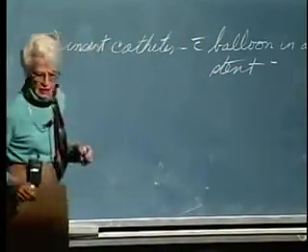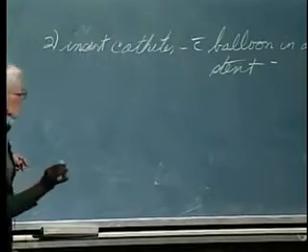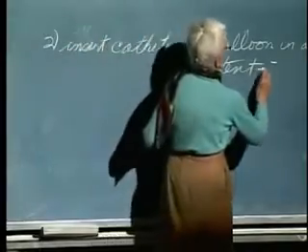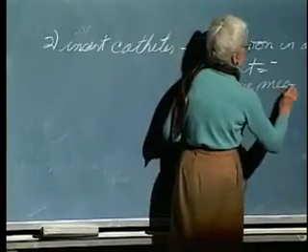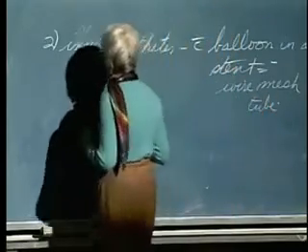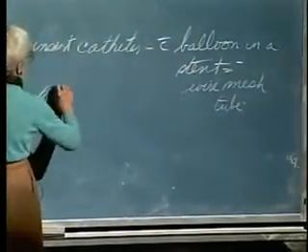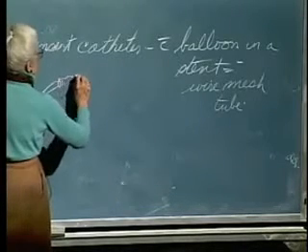In this case, the stent is a wire mesh tube. So here we are with our catheter, and it's got a balloon attached to it here.